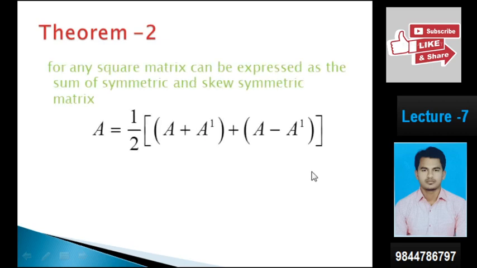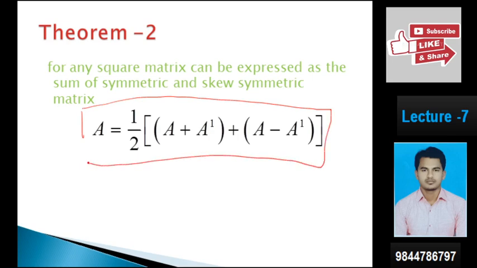Next, theorem 2, most important. This theorem statement is most important. Proof will not be asked in the examinations, but the statement is most important. The statement is: any square matrix can be expressed as the sum of a symmetric and a skew symmetric matrix.